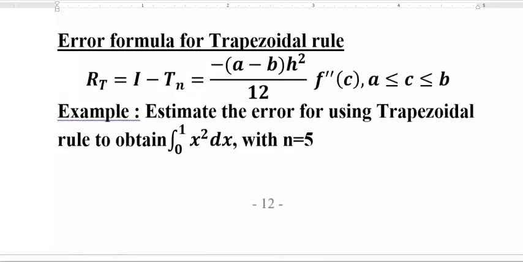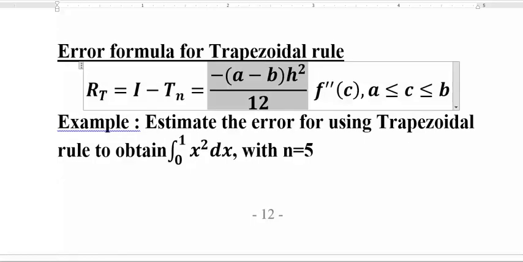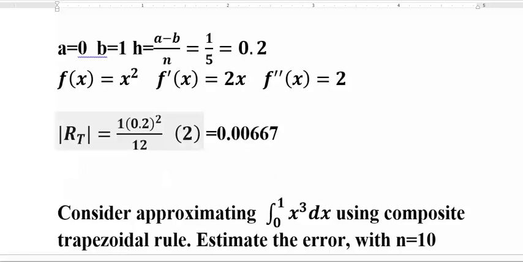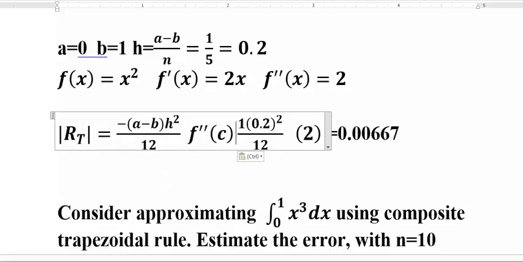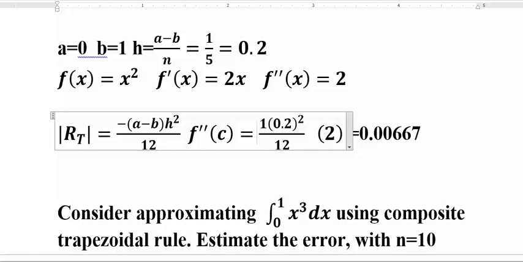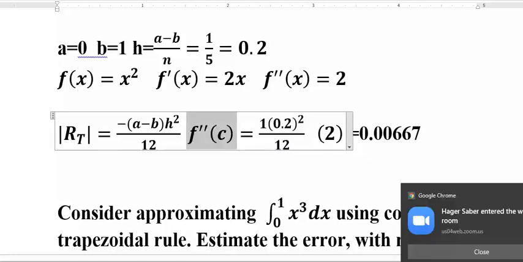So the error is: a minus b, 0 minus 1 is minus 1, multiplied by the minus, so the result is 1. h square is 0.2 squared, over 12, and f double dash of c is 2.